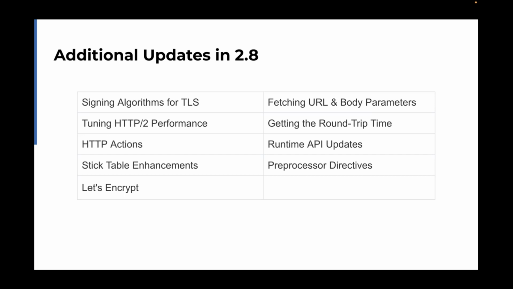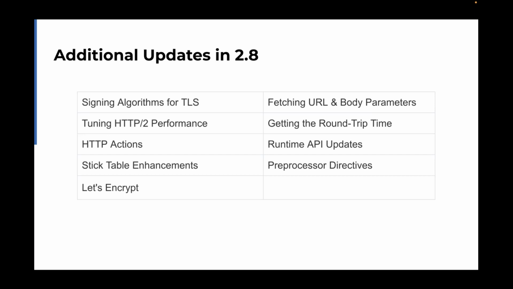There are things such as the new signing algorithms for TLS, where you can specify the signing algorithms that HAProxy supports for digital signatures used in TLS handshakes and client cert auth. There are new and updated global directives to help you with the best performance for HTTP2 protocol.